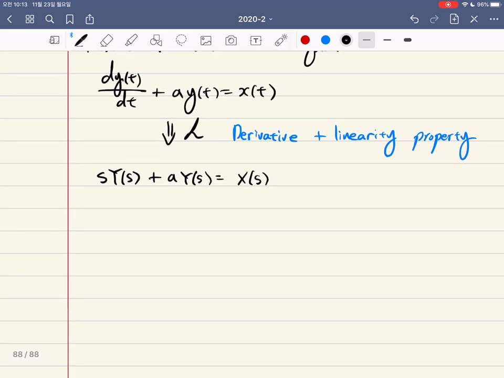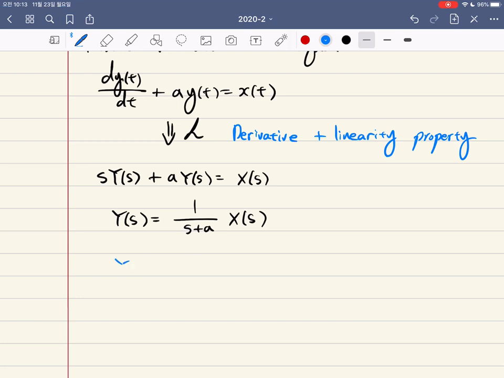And since I want to obtain the system function, or rather I want to isolate Y(s), if I do the math, it will be like this, right? So Y(s) equals 1 over s plus a times X(s).